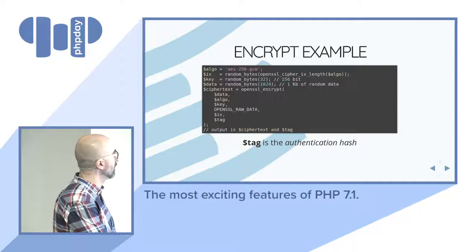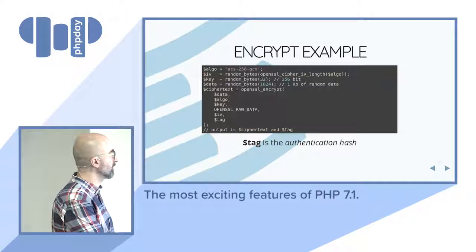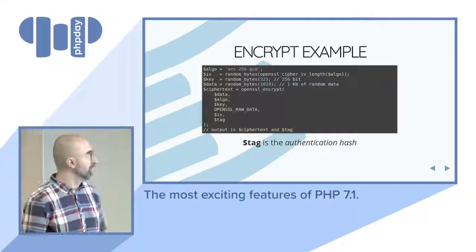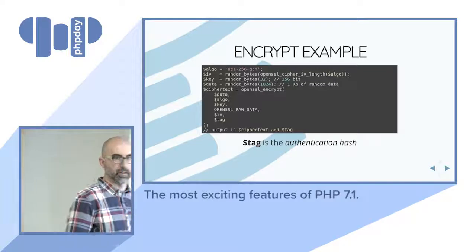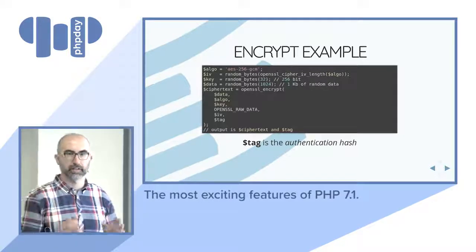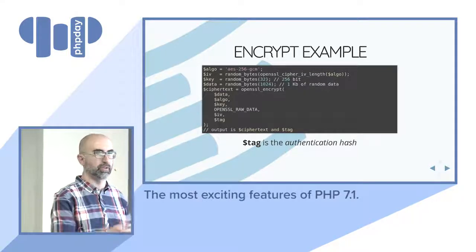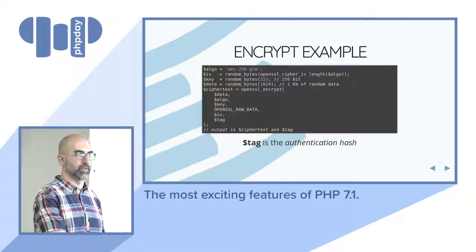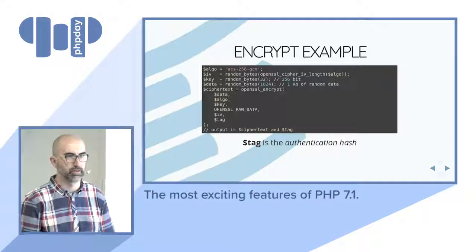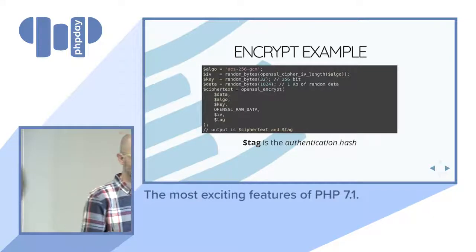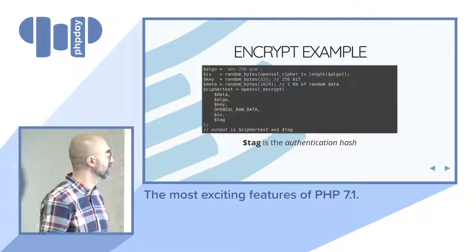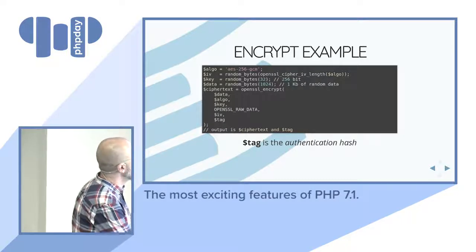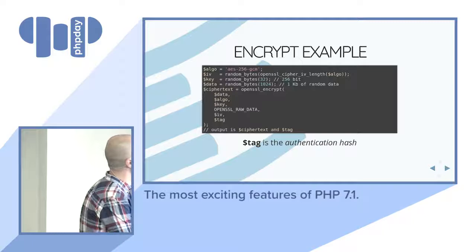We are using the random_bytes function of PHP itself. Because, as you know, in PHP 7.0 they added this random_bytes function that can be used also for security, because the rand function of PHP cannot be used for security reasons, because it's a deterministic algorithm. So please don't use it. And we are just generating 1K of random data.